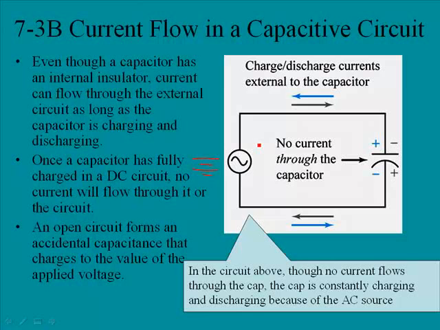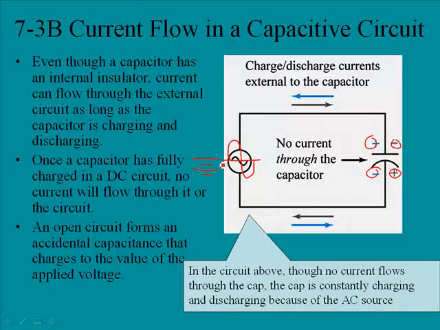Now with AC, it's a little bit different, because with AC we have a signal that's going positive and then going negative. And so what will happen is when the circuit goes positive, the charge on the capacitor will be a positive charge, and when the AC signal goes in the negative direction, the capacitor will discharge, and then it will charge with the opposite polarity.